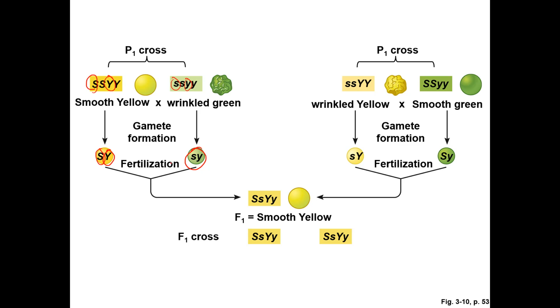So now when we cross these, you're going to get big S, little s, right here, and then big Y, little y, okay? And that's going to look, because the big S, which is smooth, is dominant, it's going to be smooth. And the big Y here for yellow is dominant over green. It's going to look like smooth yellow. Okay, so over here you have another one.